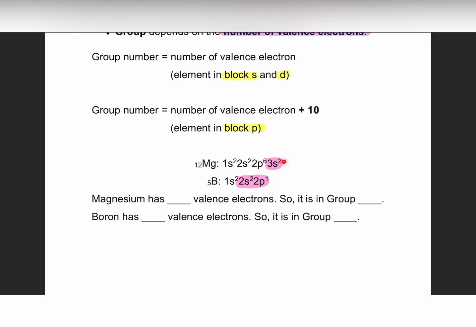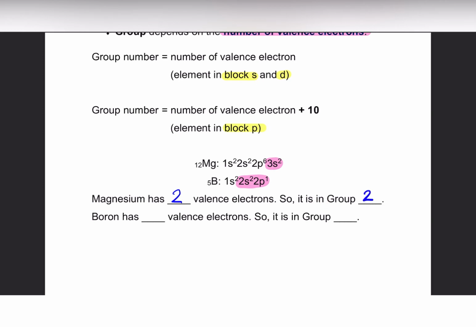So, as you see here, you got Mg sebanyak 2 valence elektron dalam 3s orbital. So, kita boleh conclude dekat sini, magnesium has 2 valence electrons. So, bila dia dalam 2 valence electrons dan subshell yang paling akhir adalah S, so maknanya dia dalam blok S. So, ini adalah group 2.